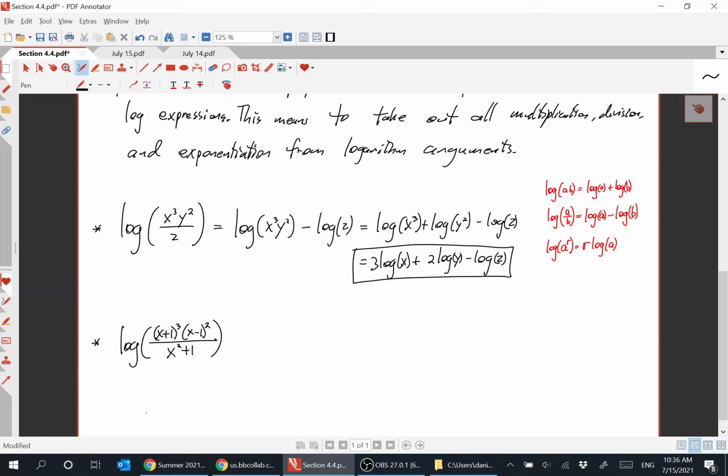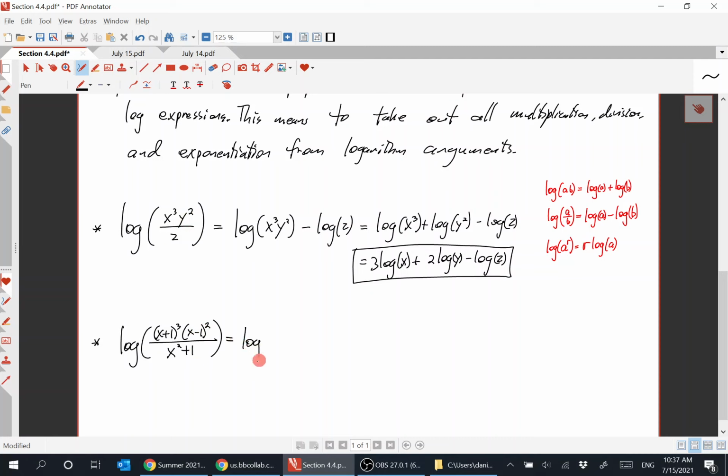Well, it's exactly the same as what I just did, except here I'm replacing x with x plus 1, y with x minus 1, and z with x squared plus 1. So z to the first is just x squared plus 1 to the first. Y squared is x minus 1 squared, and this x to the third is x plus 1 to the third.